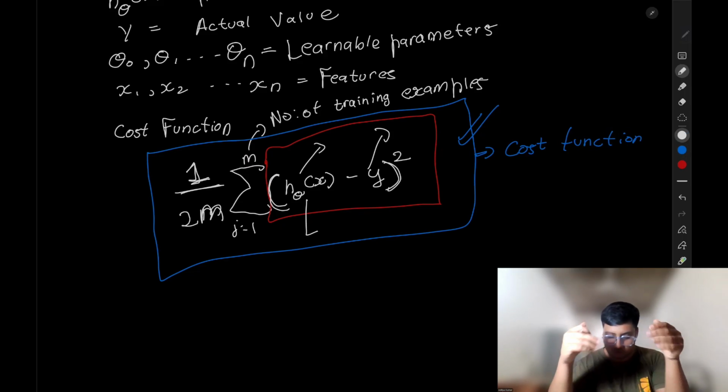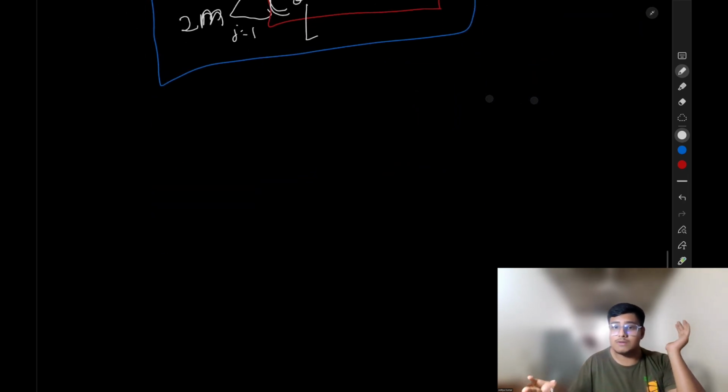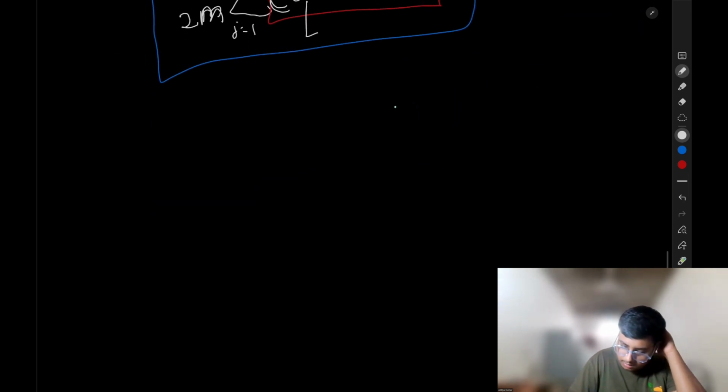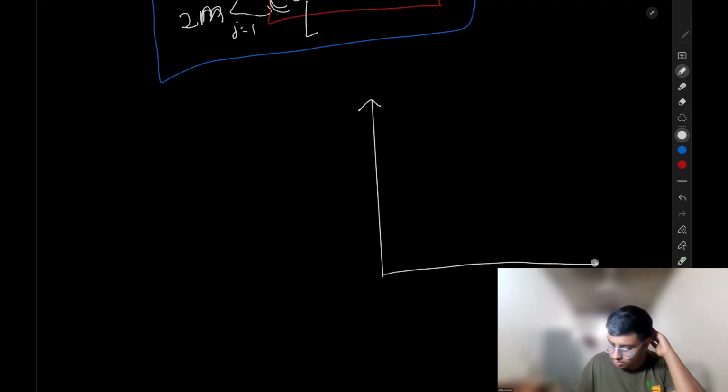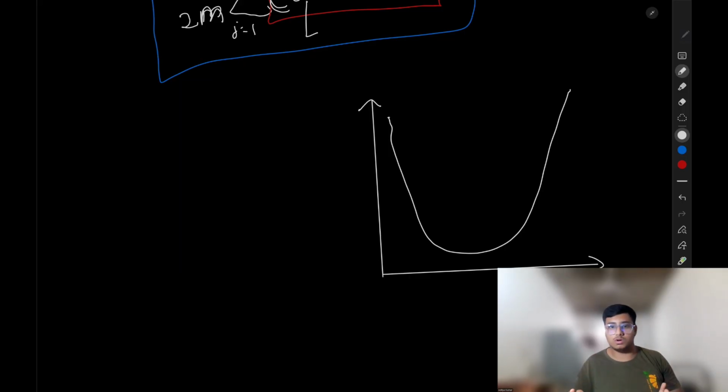Now let's look deep into this function. This function is a quadratic function. What is the graph of a quadratic function? If you don't know, I will tell you. The graph of a quadratic function is a simple parabola.